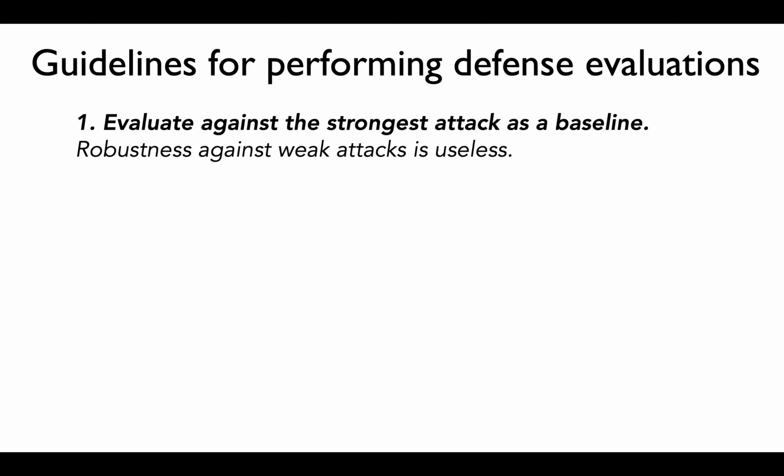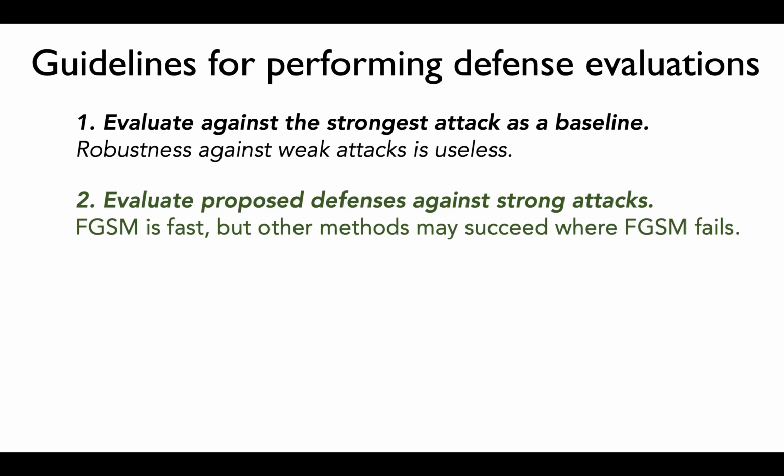Other guidelines for performing defense evaluations are summarized on this slide. We see that one should evaluate the defense against the strongest attack. And robustness against weak attacks is basically useless. If you can show that your defense is good against FGSM, that does not really mean much, because many more sophisticated attacks are possible.